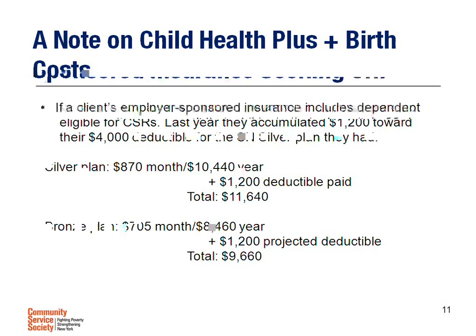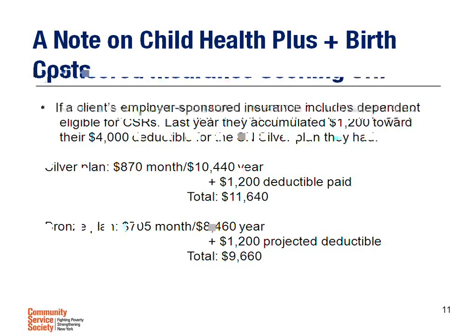So, for example, just using January, if they're born January 6th, they'll be covered in Child Health Plus starting February 1st. But if they're born after the 15th, then their coverage doesn't begin until the first day of the second month after birth. So if they're born January 26th, their coverage begins March 1st.